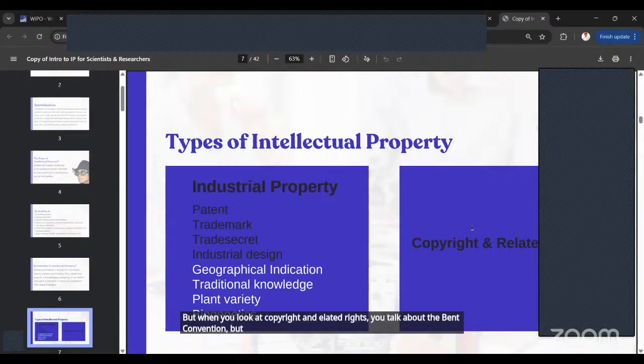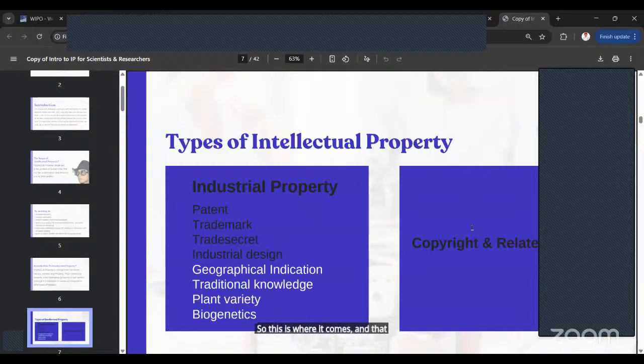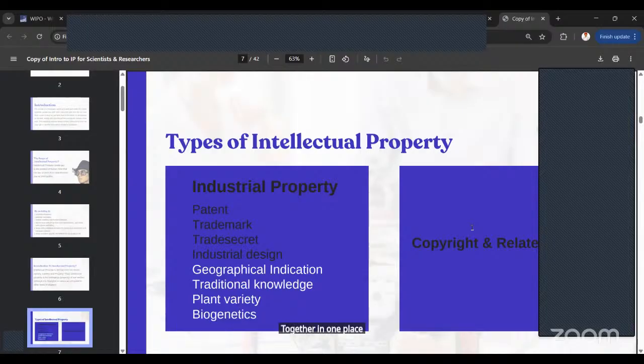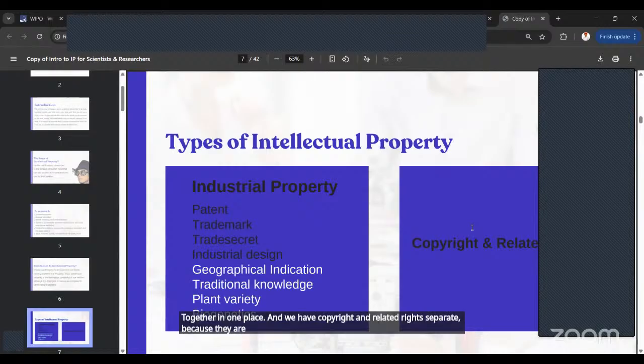The Berne Convention will never mention anything about industrial property. That is the more reason why in Nigeria, if we have more Nigerians here, you see that we have the trademark, the patent, and the industrial design registry together in one place, and we have copyright and related rights separate because they are different bodies, right? So these are just the breakdown of intellectual property.